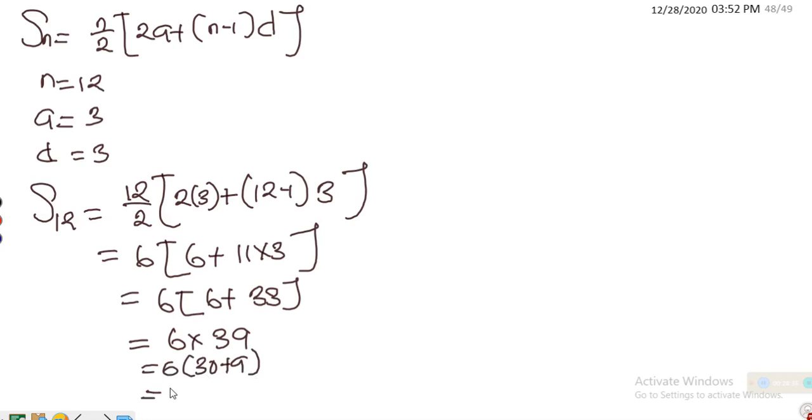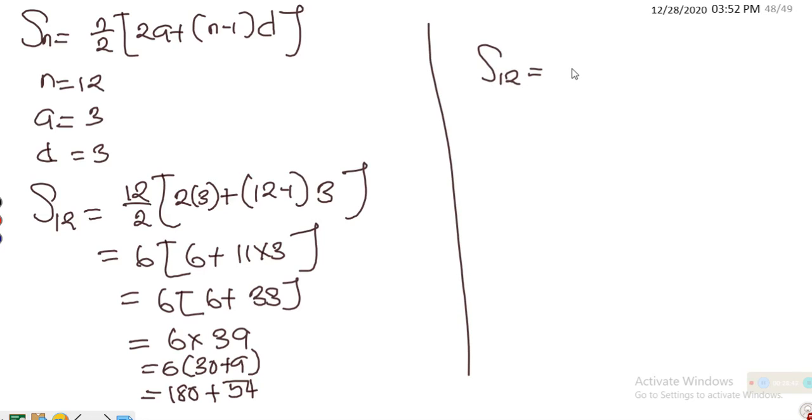That will give us 180 plus 6 times 9, 54. So therefore S12 equals 234.